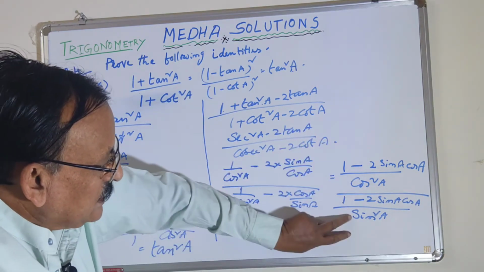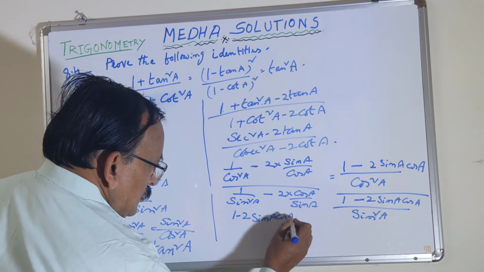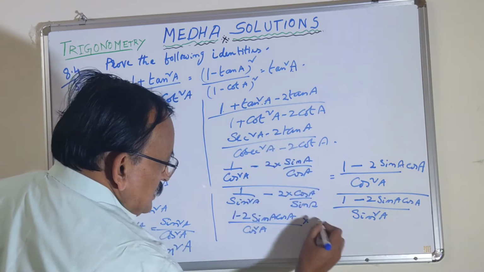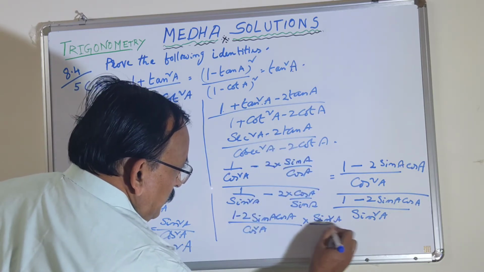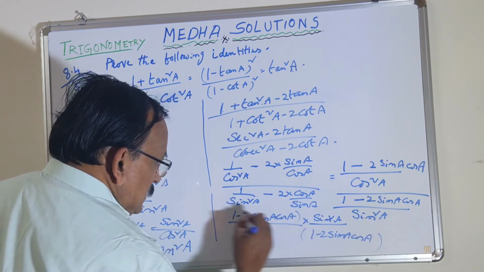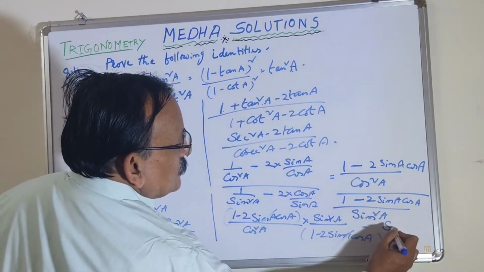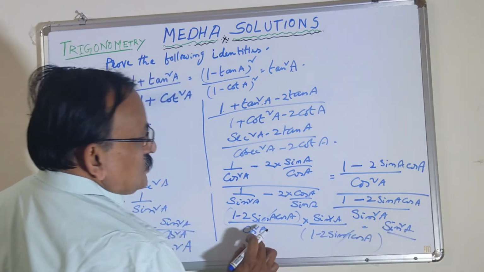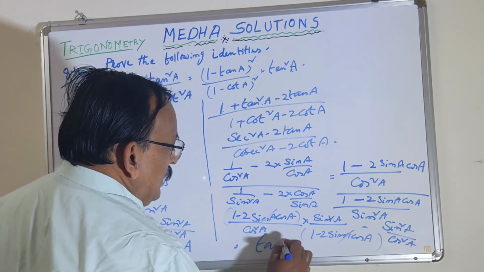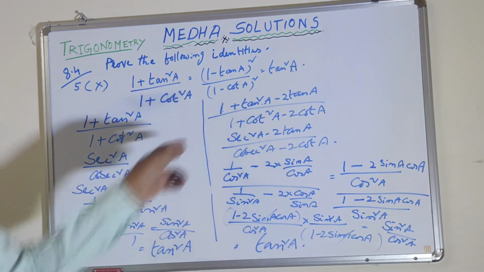So this fraction into the reciprocal: 1 minus 2 sin A cos A by cos square A, into the reverse, sin square A by 1 minus 2 sin A cos A. So this and this cancel, and then remaining sin square A into 1 by cos square A, that is equal to sin square A by cos square A, which is tan square A. We have proved it the easiest way.